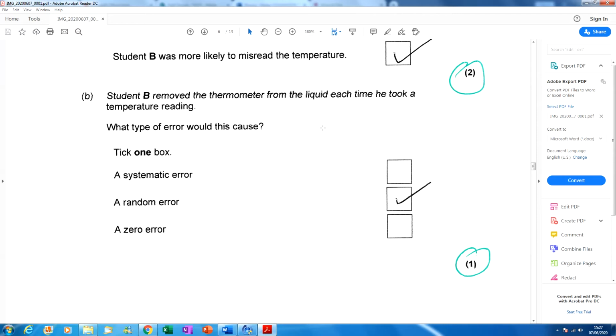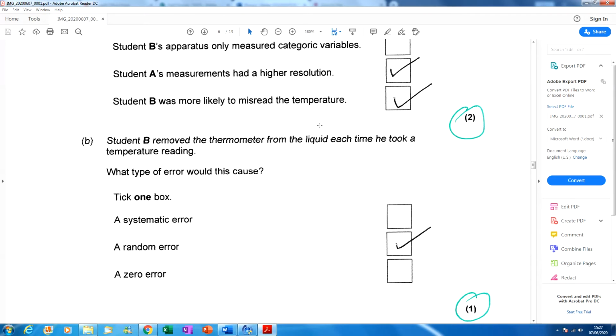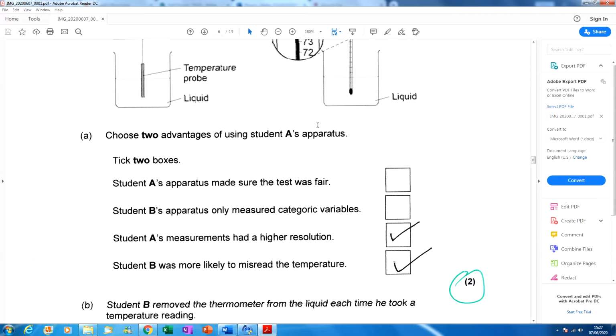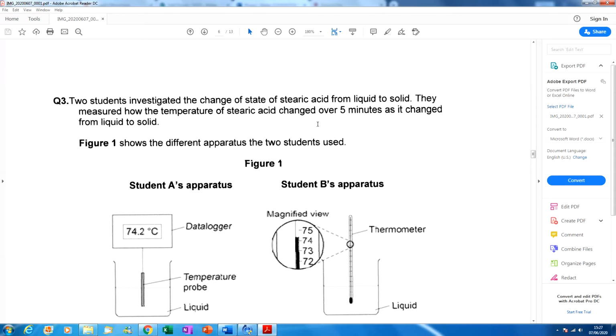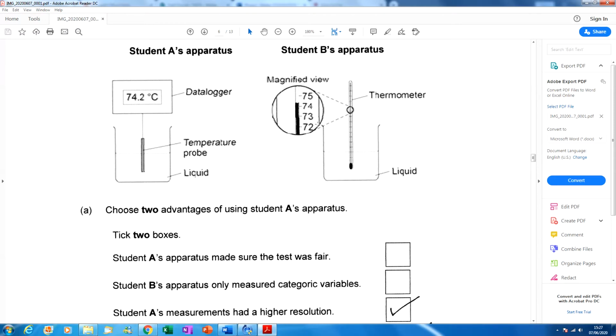So if you take the thermometer out of the liquid, the problem is that the bulb, where your thermometer is measuring from, will no longer be in the liquid. It will be measuring the temperature of the air. Obviously the stearic acid is being heated, so the bulb would start to cool.